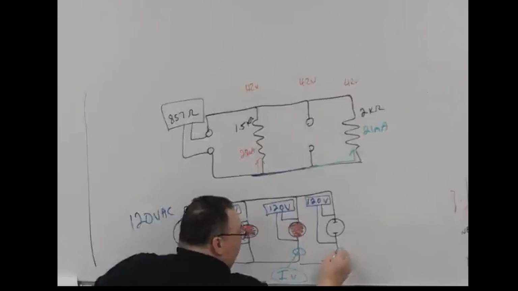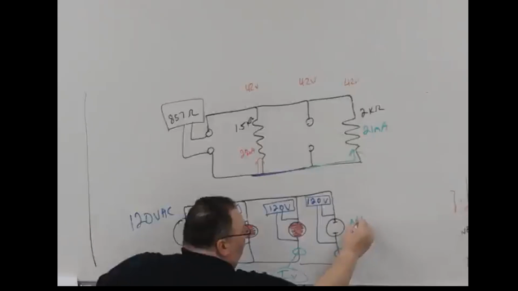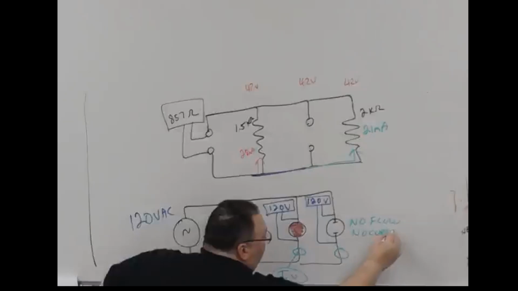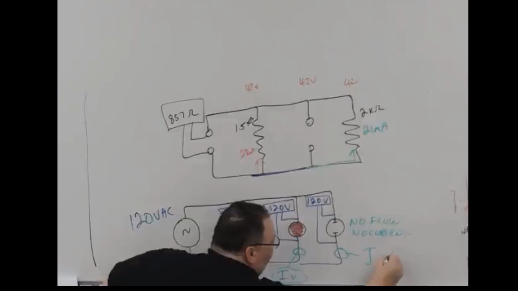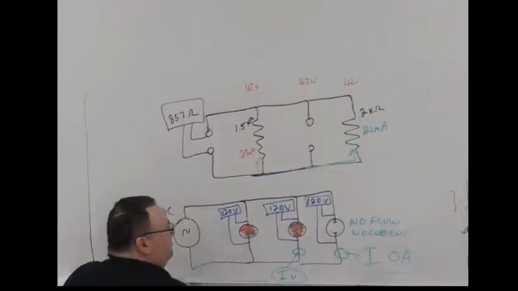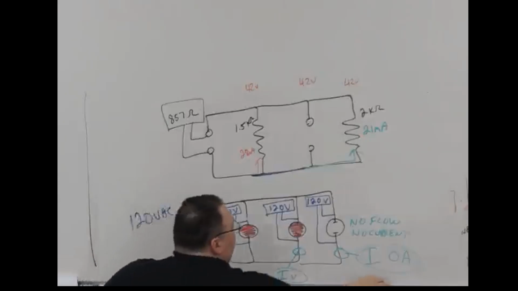When I clamp onto the open branch, I have no flow, so I have no current, and I will read 0 amps. So, some different ways to test things.